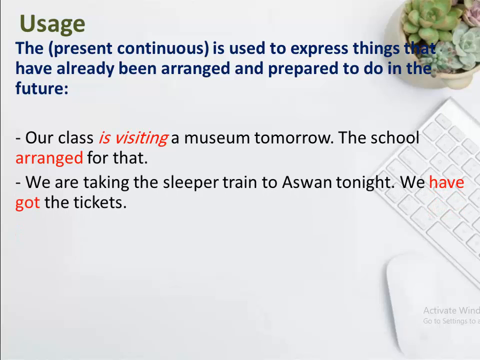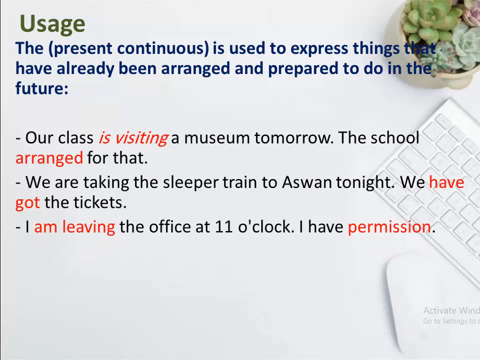We are taking the sleeper train to Aswan tonight. We have got the tickets, which means we bought the tickets, so we are taking, not we are going to take or we will take. I am leaving the office at 11 o'clock. I have permission from my manager, so I am leaving, not I am going to leave or I will leave.